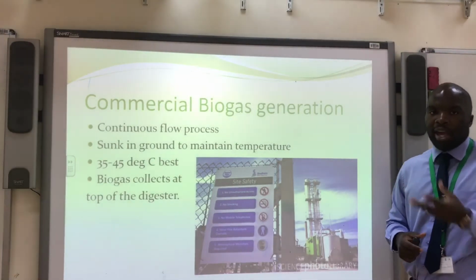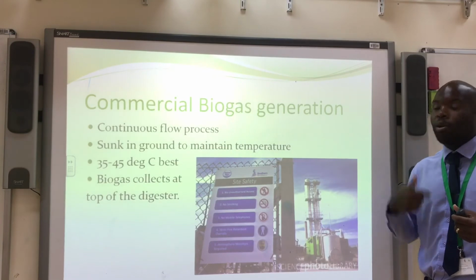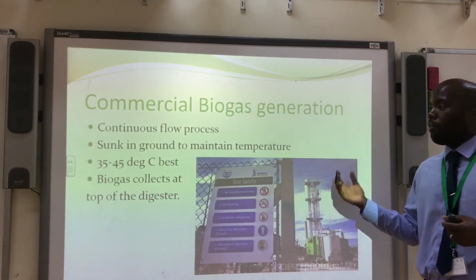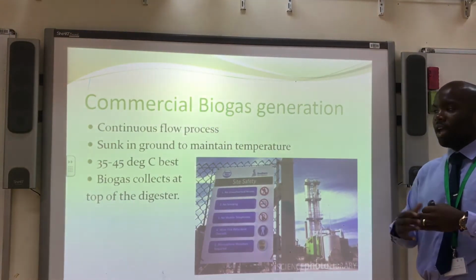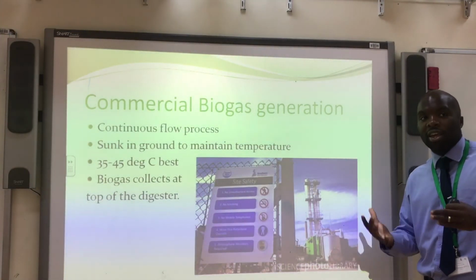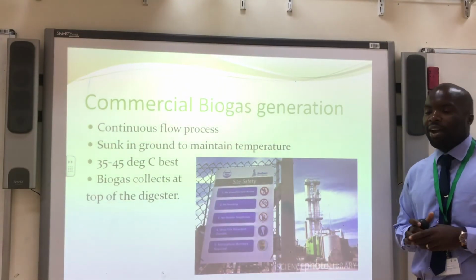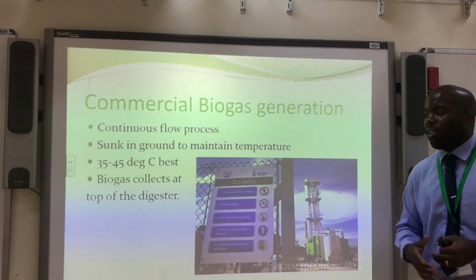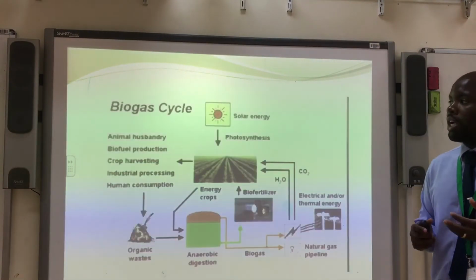Now, commercial generation of biogas, so on a large scale, requires a few things. Firstly, it's a positive because it's a continuous process, and the pipes are sunk into the ground to keep the temperature at an optimum condition. Secondly, we need to collect the biogas from the top of that digester, and that's something that happens during biogas generation.